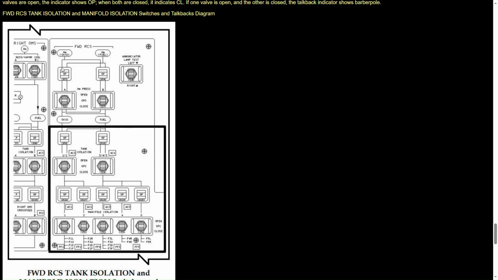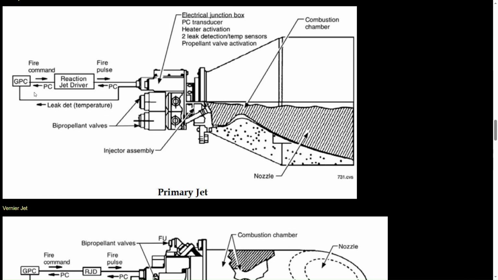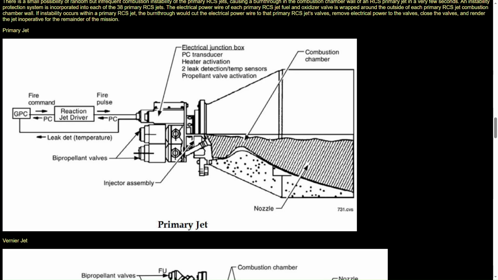As you can see, right here we have the oxidizer and the fuel, and what we do is we mix these in the jet, or in the thruster, which is up here. As you can see, we have the injector, we have the nozzle here in the combustion chamber, and here we're putting in the oxidizer, which is oxygen, and the fuel, and it combines in here and produces the thrust. It produces the bang that moves the thruster.